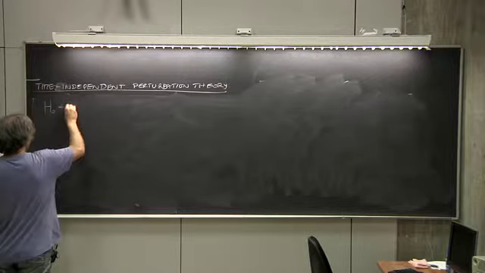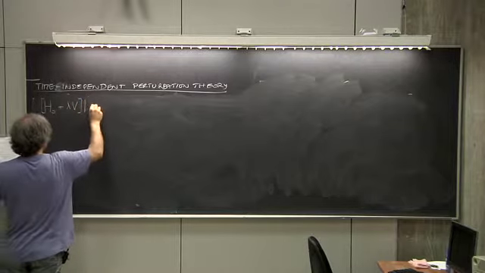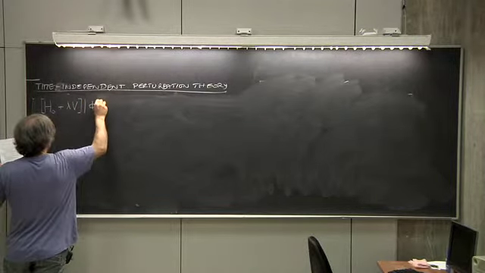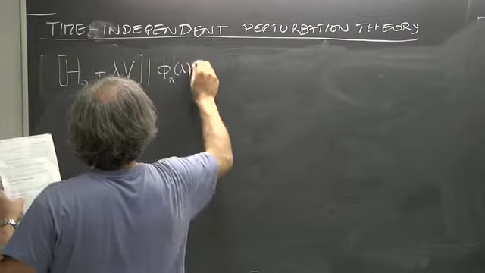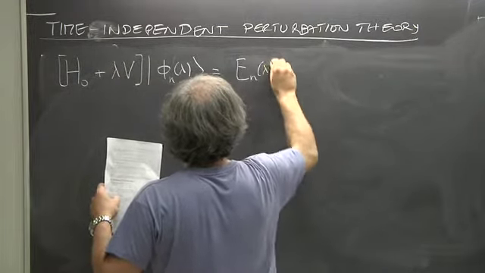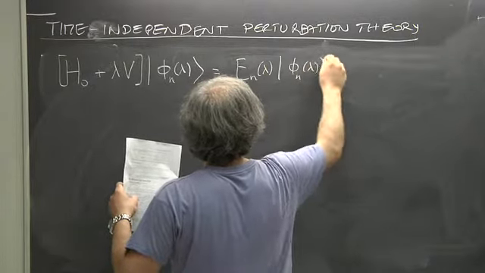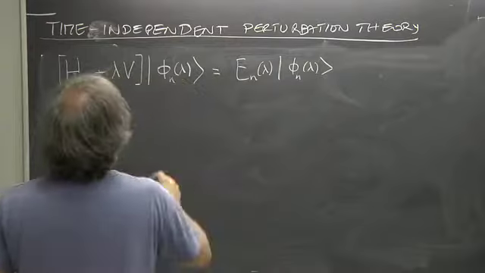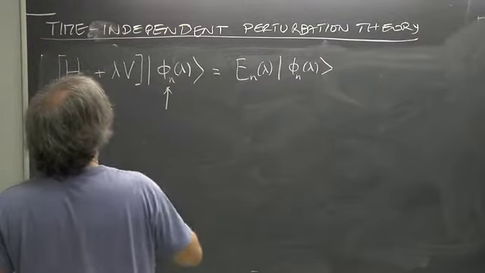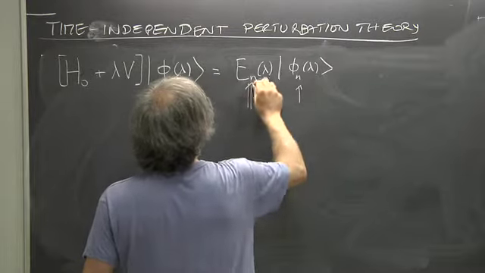So what I have is the following. (H0 plus lambda V) times phi_n of lambda should be equal to E_n of lambda times phi_n of lambda. Let me assume that this object here has some expansion, and similarly this has some expansion.